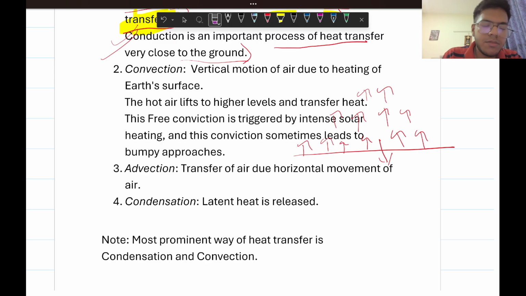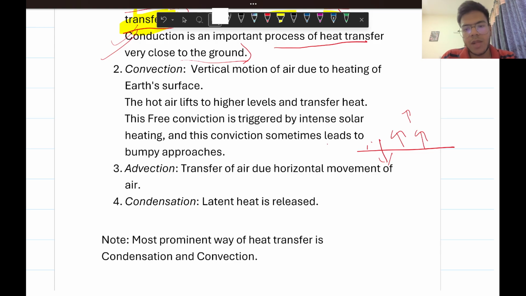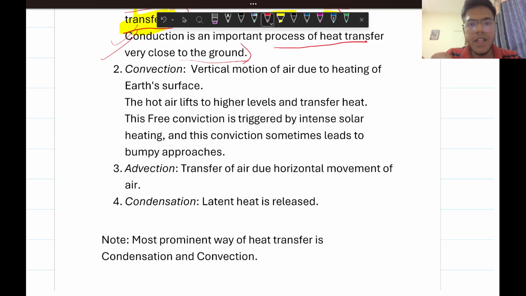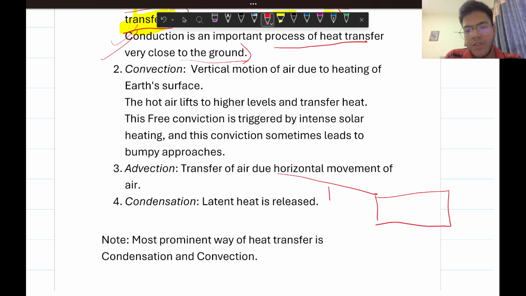So guys, during afternoon time, around 2 to 3 or 12 to 3, convection currents are very strong. You will feel this when you fly the aircraft during this time; we also call this convection current thermals. When you are coming to land, you will feel a bumpy approach.